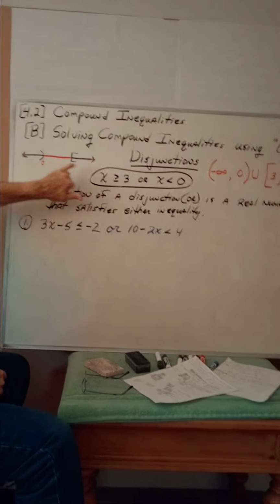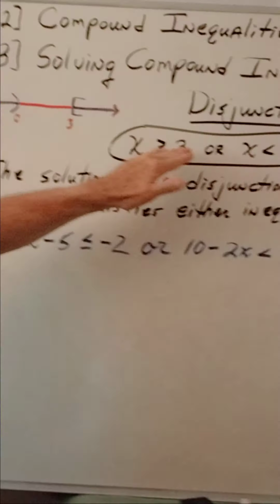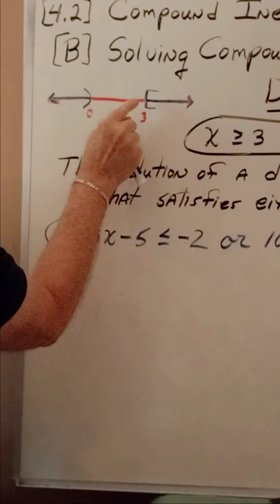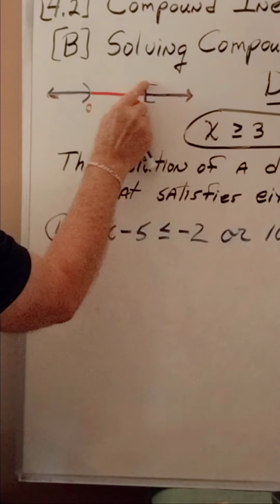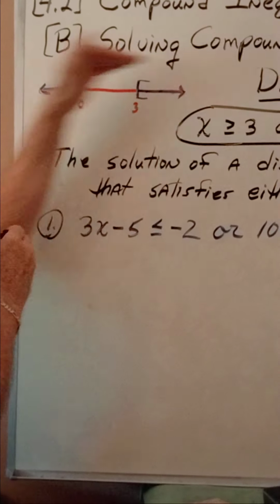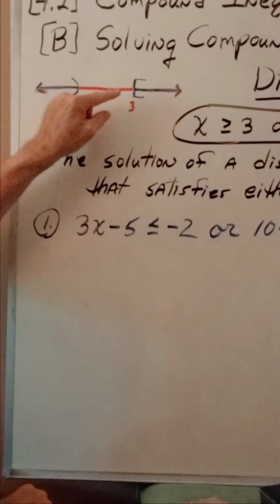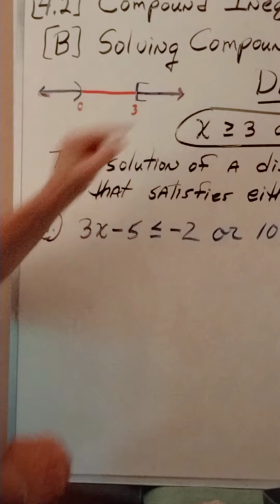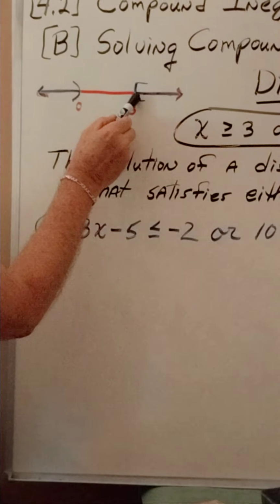So let's look at its graph, because this one has actually already been solved. Let's take a look at x is greater than or equal to 3. X can be 3. That's why I put a bracket there, opening to the right. X is able to be 3 or any number greater than 3. So this is a portion of our graph right here.